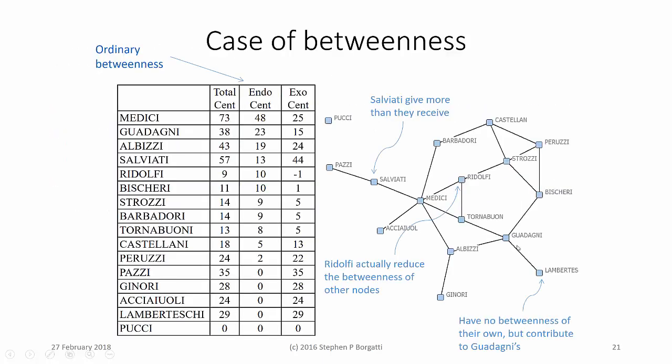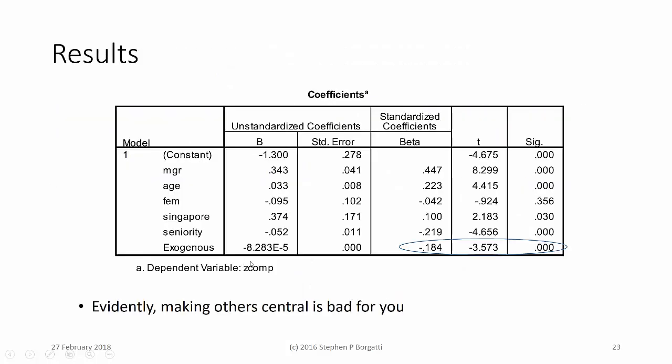In other words, making other people more central is bad for your compensation. So don't be too helpful. It could also mean, well, I have in here what rank they are, but it could also mean that people in general who are lower tend to make other people more central by their work, which means that they would also have higher compensation. But actually, I'm controlling for all of that. So somehow, when you act as a link that reduces other people's centrality, you suffer.